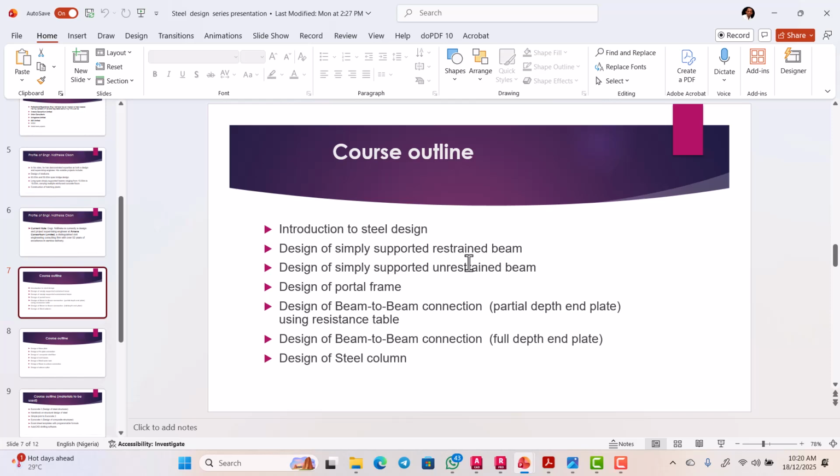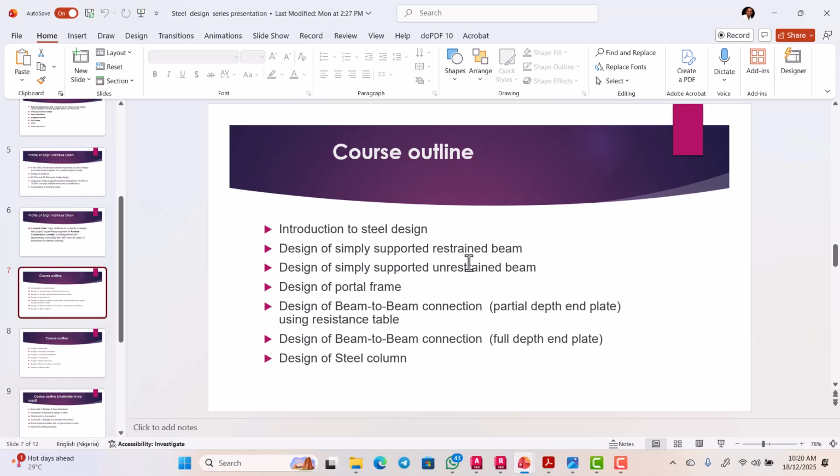Now, steel design is not as easy as some of us think, especially when you don't understand the basic principles that govern it. Especially, we must understand that a beam is a bending member. So when you are designing steel, you must consider a lot of those basic checks that the code requires us to undertake.